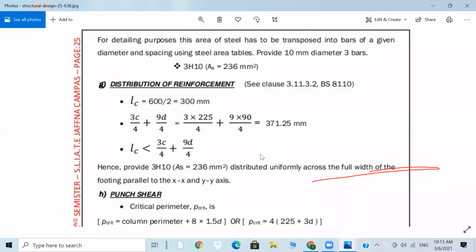D is the effective depth. So the value will become 371.25 millimeters. So the Lc should be lesser than this. Hence, provide this distance. So you can provide 3h as a distribution uniformly across the full width of the footing parallel to the XY axis.